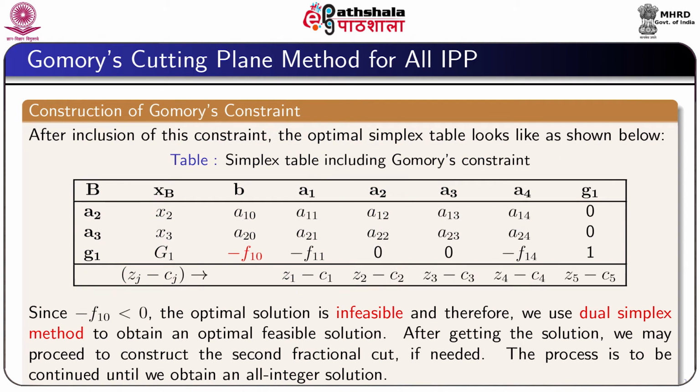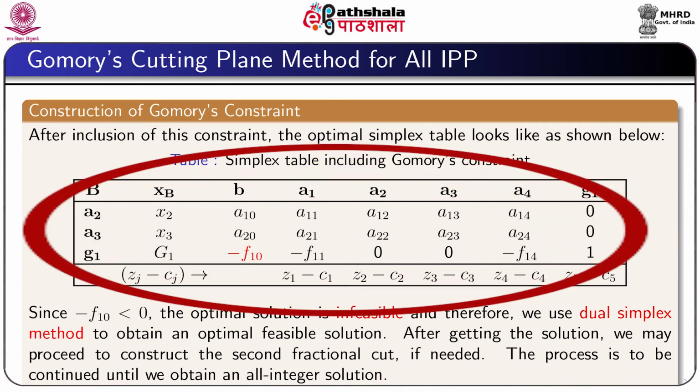You see that one additional row, that is the third row, is included, as well as one additional column for G1, the last column.